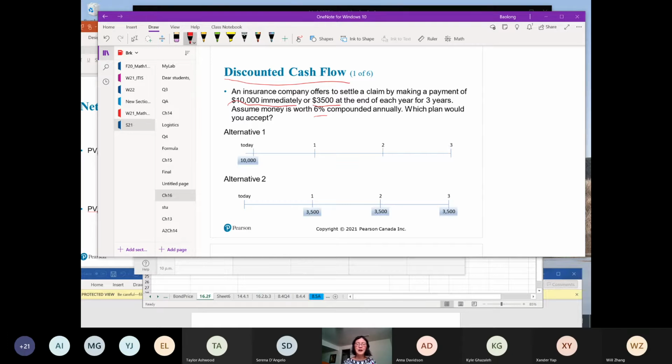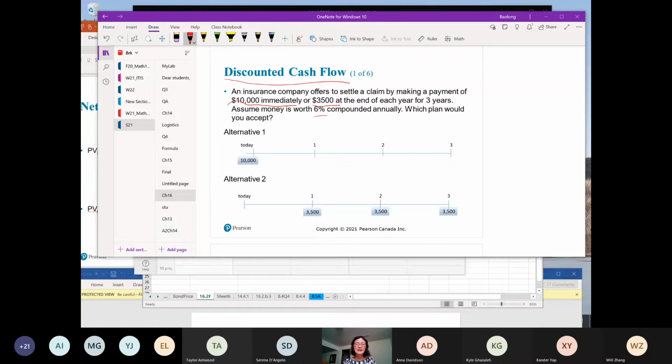There are many similar questions. For example, do you buy a house or do you rent a house? Similar questions, okay? So you need to make decision between two alternatives. The solution is that you calculate the present value of each alternative, and then you compare the present value.